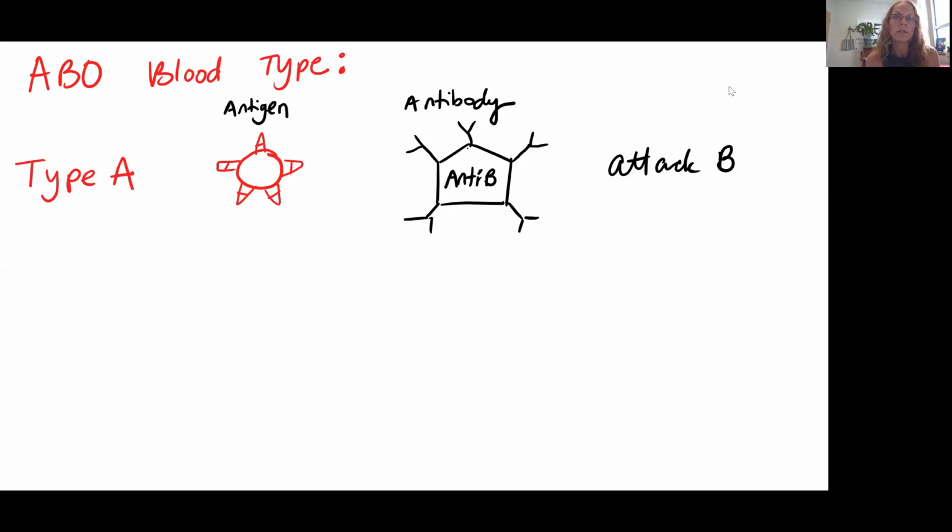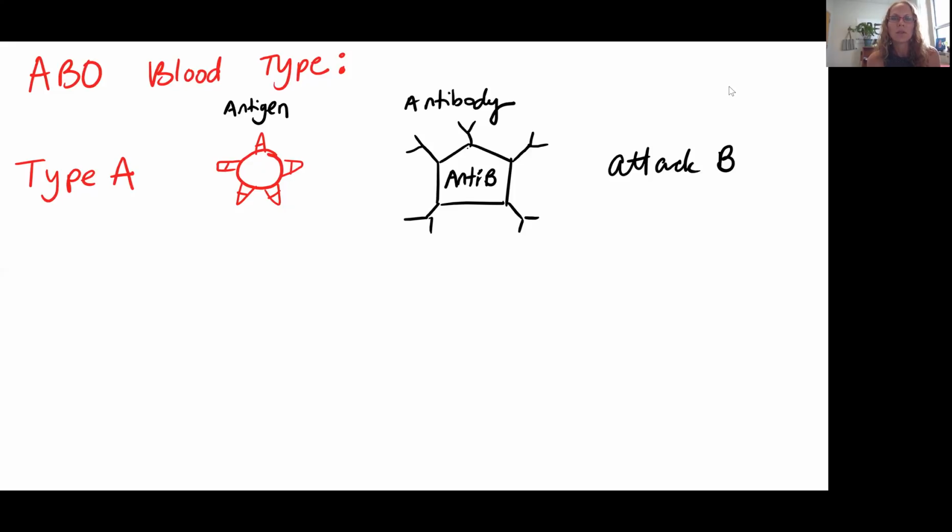So if you get the information to have type A blood, then your cells will have on their cell membrane this antigen that is specific to type A. Here I've used a little A on the outside of my red blood cell to represent that antigen.